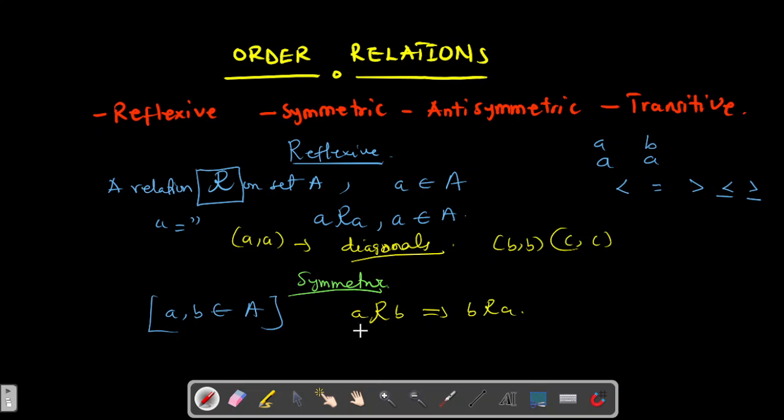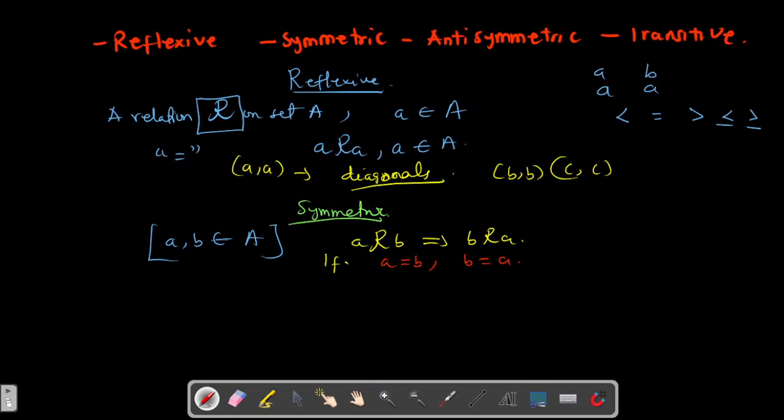So if I have a relation b mapping to b relation a, then this is said to be a symmetric relation if a is equal to b, then b is equal to a, meaning that in any two-way around the same relation, it should be equal.